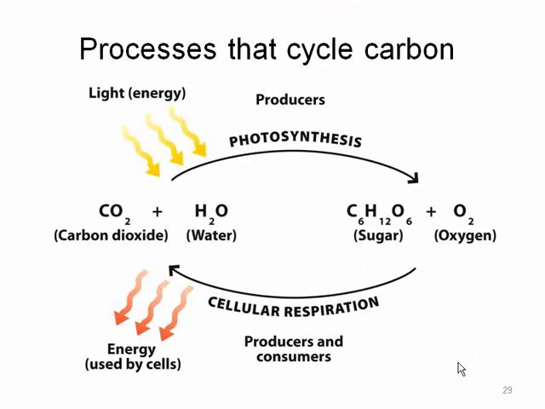An example from the carbon cycle: with the input of light and radiant energy, plants are able to conduct photosynthesis, wherein they take carbon dioxide, the carbon that's in residence in the atmosphere, which is abiotic, through the biological process of photosynthesis and store it as biomolecules. Then through cellular respiration, the producers predominantly, and all consumers, will pass that carbon back into the atmosphere in the form of CO2.